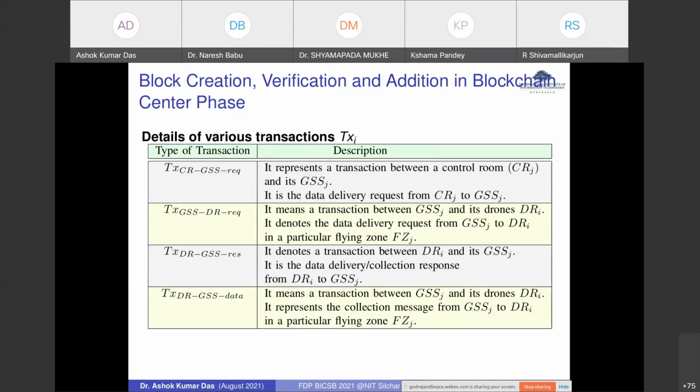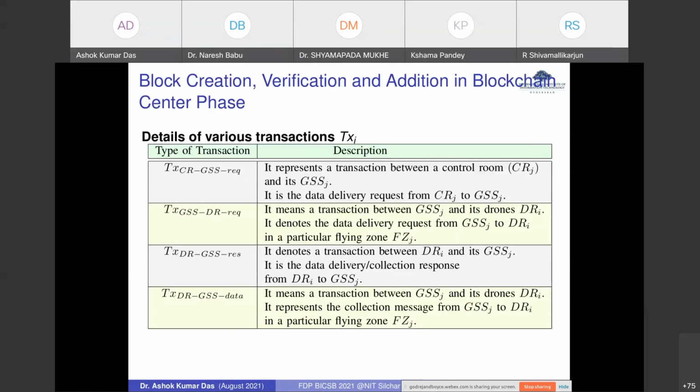Once the request has gone to the drone, the drone delivers some items or goods at the destination and collects the delivery information. That information will form a transaction known as TX DR-GS response. So it is a data delivery or collection response from the drone to the GSS, and GSS will securely collect these transactions from the drone.